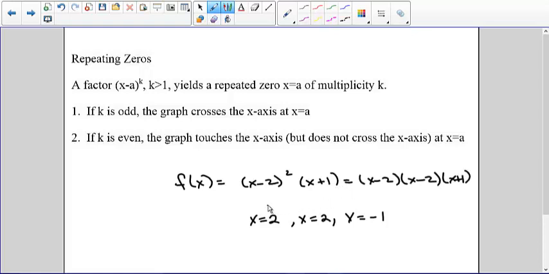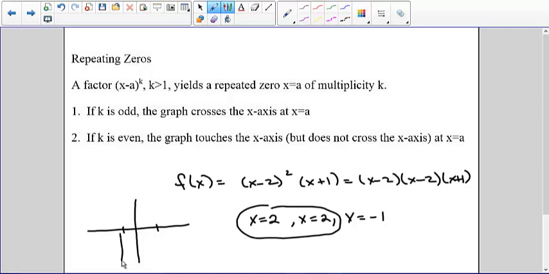Now the special thing about when you have repeating zeros is where the graph touches the x-axis. So this has an x-intercept that's happening at 2, and then we have an x-intercept at negative 1.